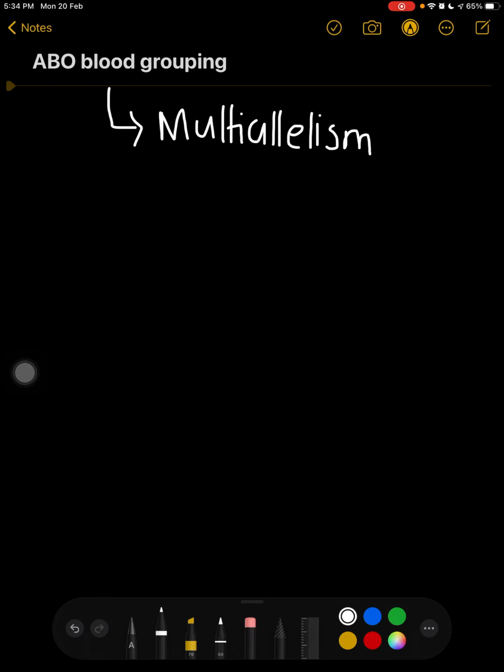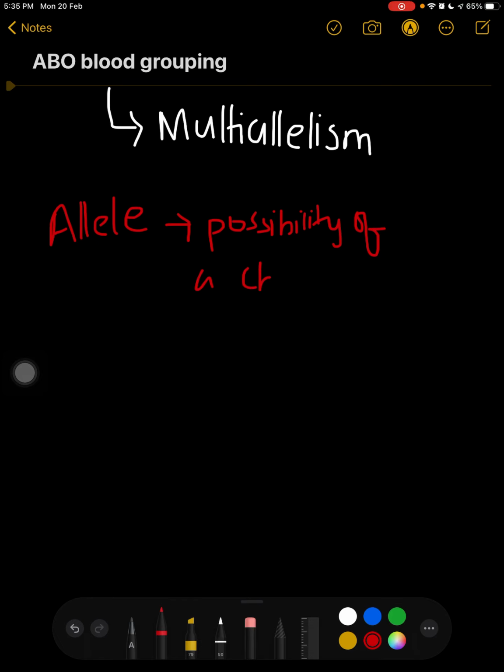Now what is basically an allele? Basically, an allele is a possibility of a character, right?